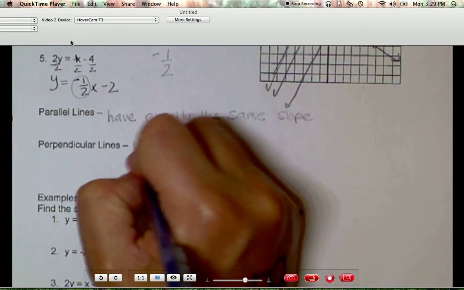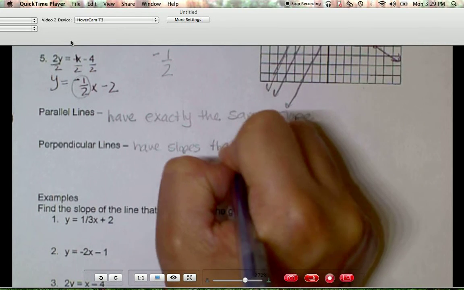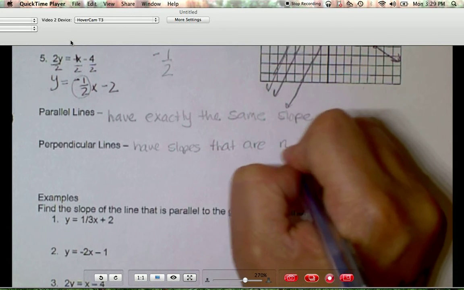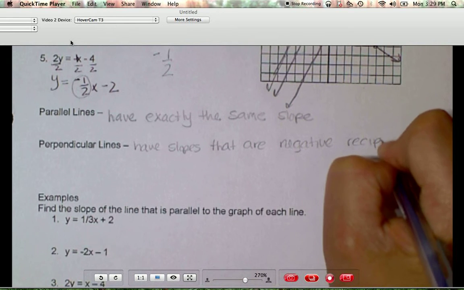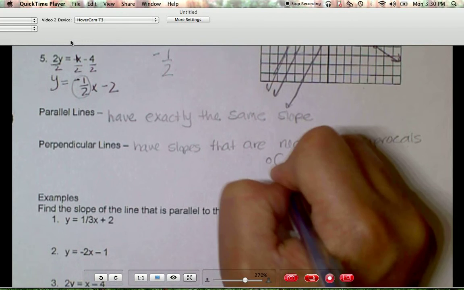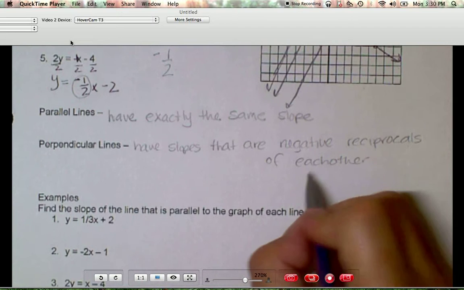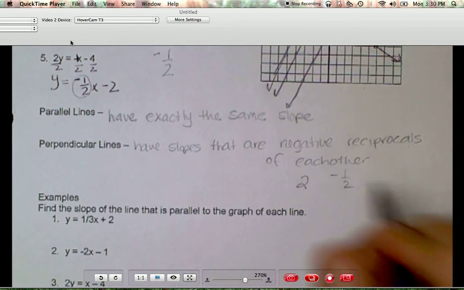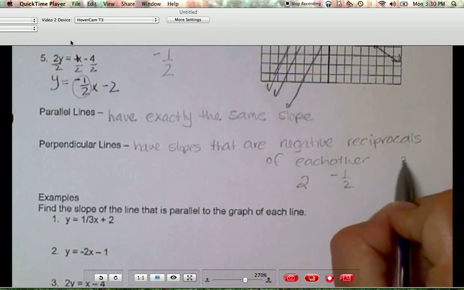Perpendicular lines have slopes that are negative reciprocals of each other. For example, 2 and -1/2.